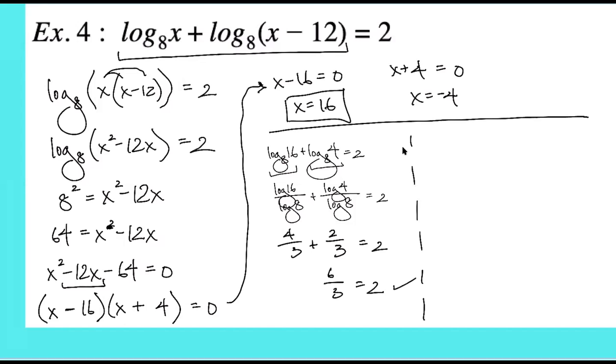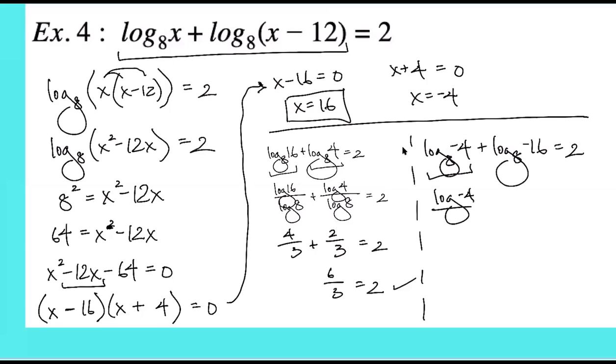But we're going to try the same thing with the negative 4. And so we're going to have log base 8 of negative 4 plus log base 8 of negative 16 equals 2. And so to type this first one in the calculator, I would do log of negative 4 divided by log 8. And to do the other one, I get log negative 16 over log 8 and hope that that equals 2. All right? So let's type that in.